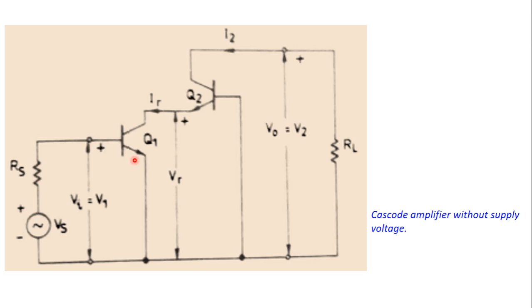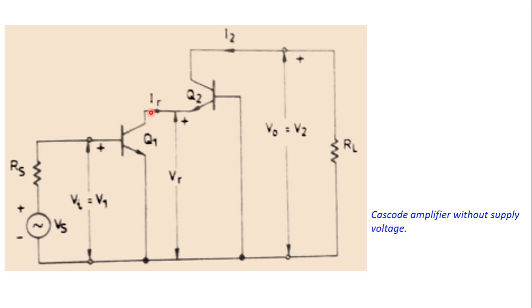Okay, and the output of this Q1, that is this collector, is connected to the input of this common base. The base terminal is made common, is coming down here, and the input is taken at the emitter terminal, which is connected to the output of Q1, that is the collector.